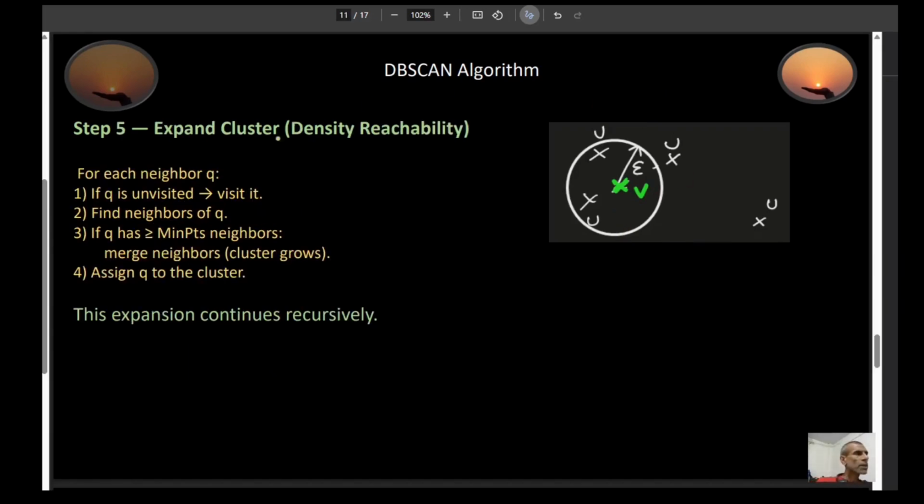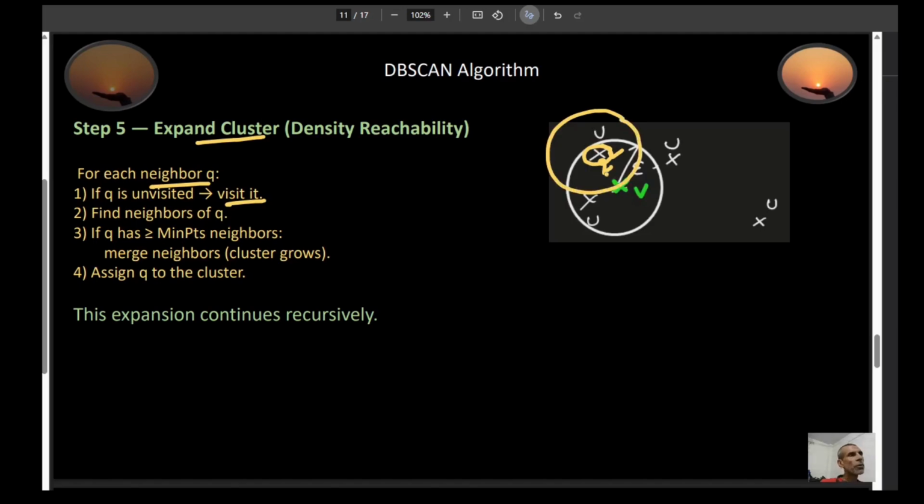And the next step is that you are going to be expanding the clusters. The way you do it is like this. For each neighbor Q, in other words, for this one, let's say this is my Q, for each one of the neighbors of this point, if this neighbor has not been visited, then you are going to visit it. In other words, you're going to mark it as V. And then you're going to find the neighbors of Q. Same method, you're going to draw a little circle around it.